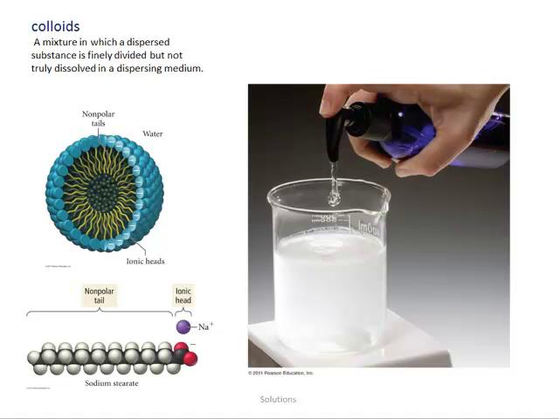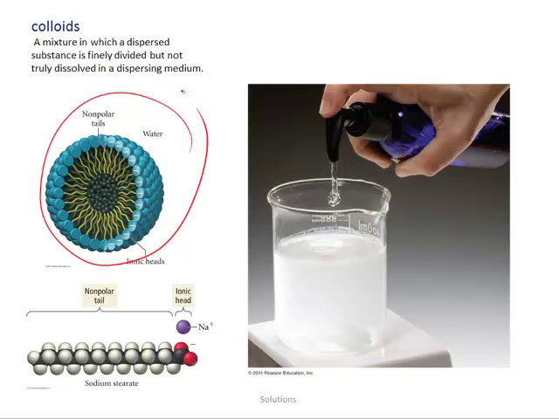Meaning a large aggregate is a big difference from solubilized ionic compounds or molecules. So instead of just one molecule solvated by water or one ion solvated by water, we have a large aggregate of many molecules or ions.